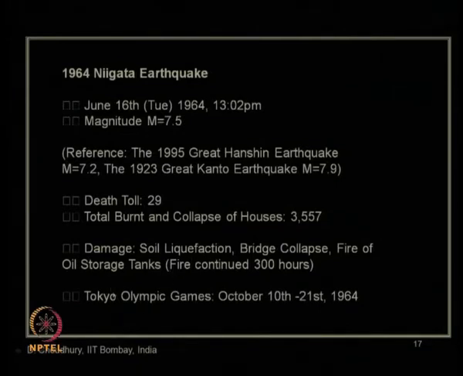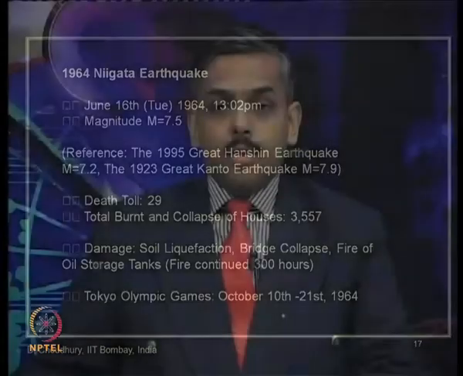And remember one important thing: this earthquake of Niigata occurred on June 16th, whereas the Tokyo Olympic Games were hosted by Japan in the same year, 1964, between 10th and 21st of October.